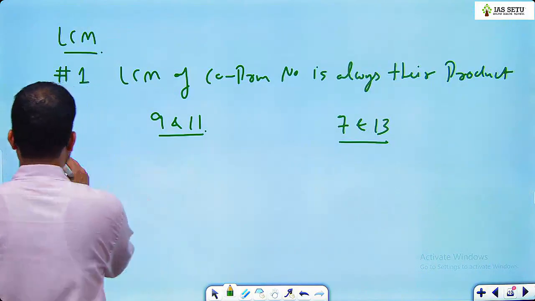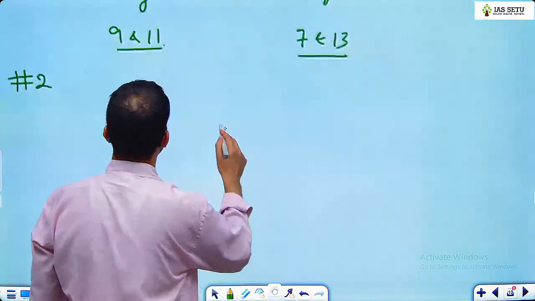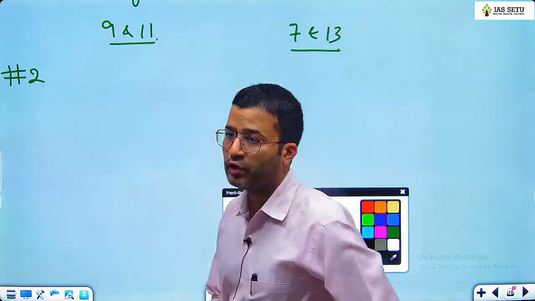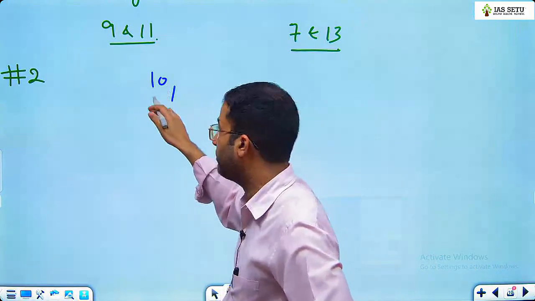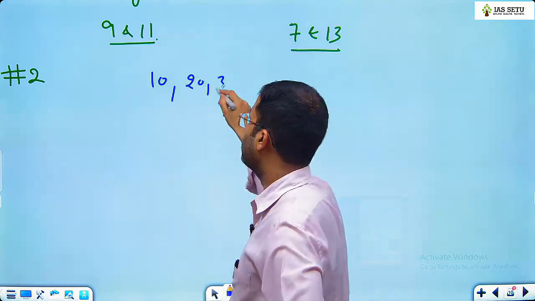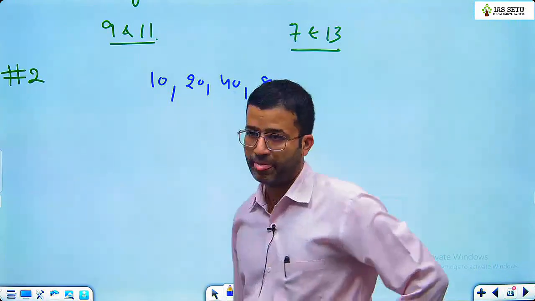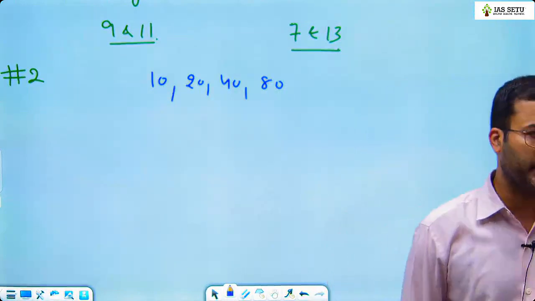Now second observation. If in any of the questions you find numbers are given like this, just say one example, I take 2 more examples. 10, 20, 40, 80.